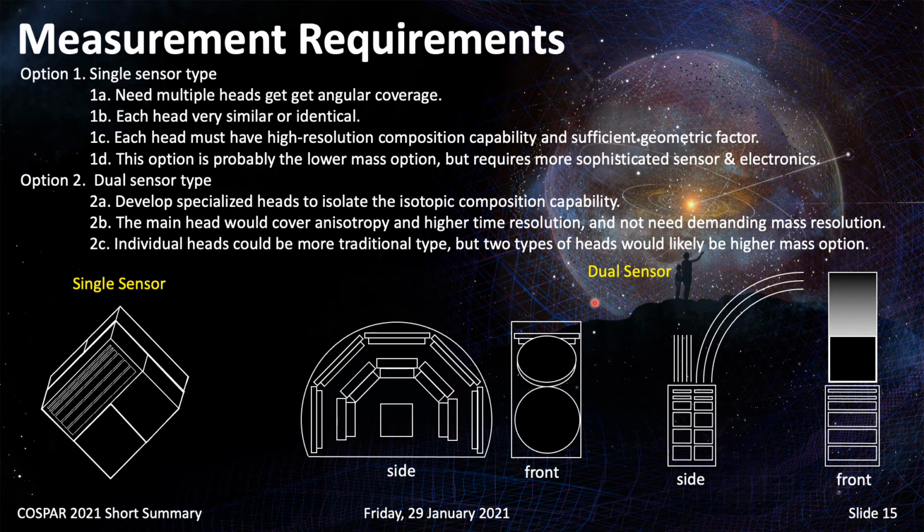The other approach is a dual sensor approach, in which you have one sensor with multiple heads, here shown with 5 heads, that will be the main sensor for determining anisotropy in the elevation angle direction. Again, the spin direction handles the other.